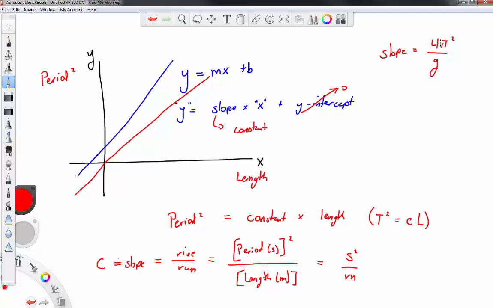I'm not going to belabor this point of where the 4 pi squared comes from. That is something that can be derived and would be in a slightly more advanced physics class, like the general physics class kind of sort of dances around it a little bit. The introductory physics with calculus class actually does do this derivation.